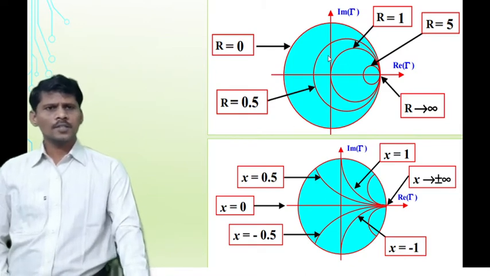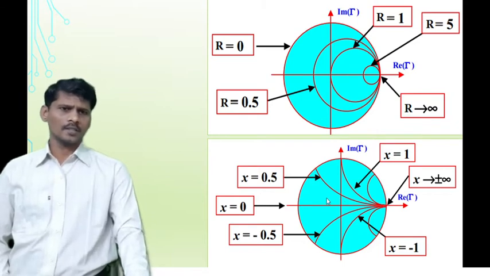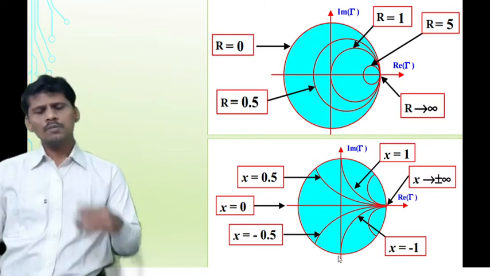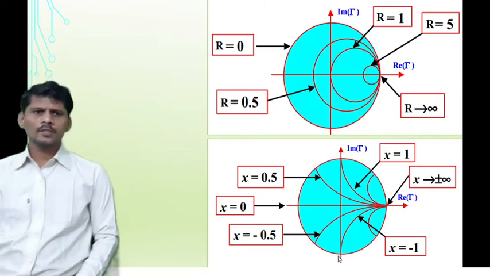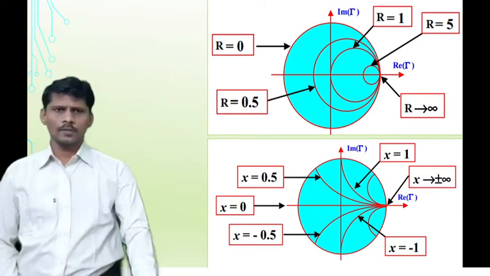And this is the constant R circles figure, and this is the constant X circles, and these curves are the reactance curves. Above the horizontal line we have positive reactance values, and below the horizontal line we have negative reactance values.